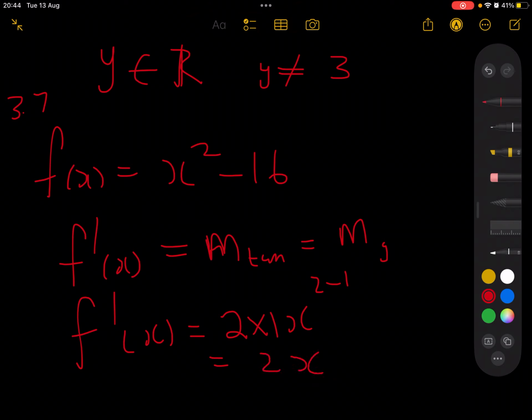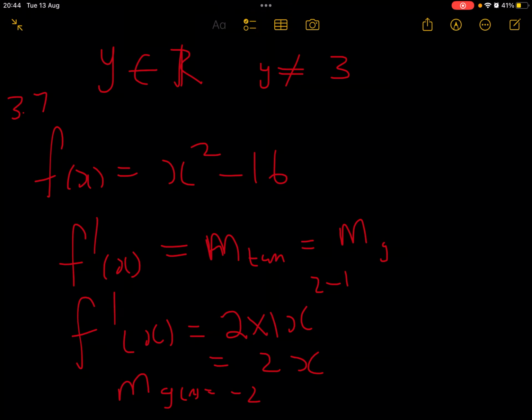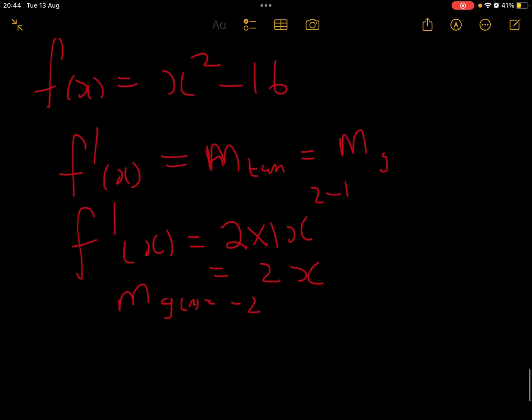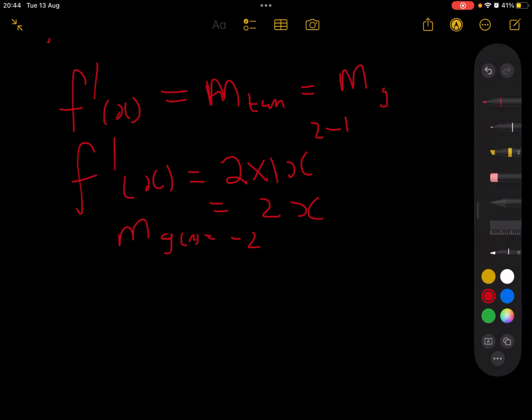Now this means that if the gradient of the graph of g of x is equal to negative 2, those two are the same thing, meaning 2x is equal to negative 2. And if we divide both sides by 2, we get that x is equal to negative 1.